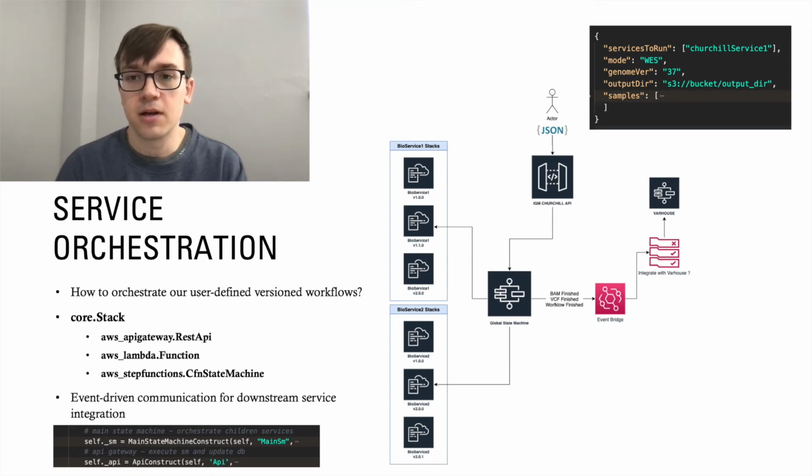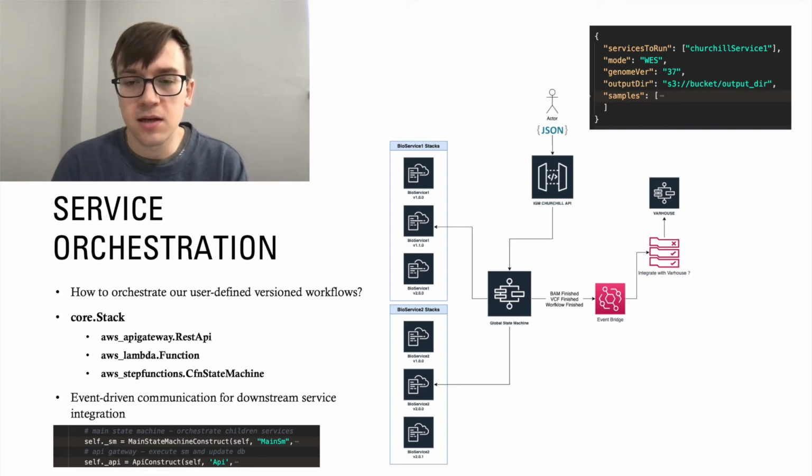So on the top right of the screen, you can see the block of JSON with the list of services that the user wants to run, some input parameters, and a list of samples with data about those samples. The API then processes the request in a Lambda function and passes it to a global state machine, which then calls and coordinates the execution of the individual services.